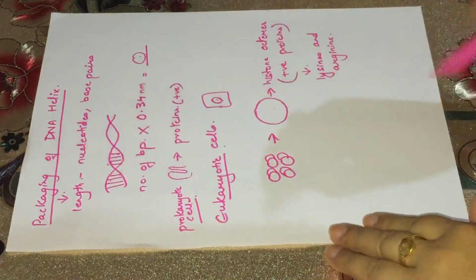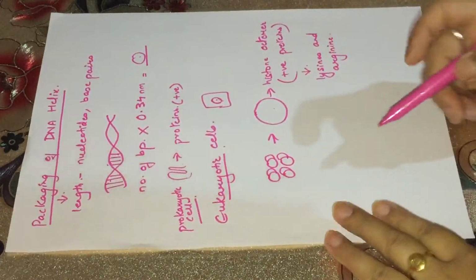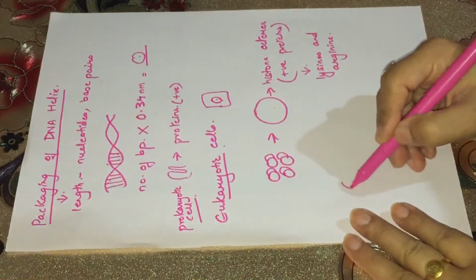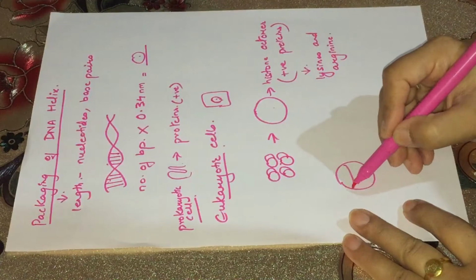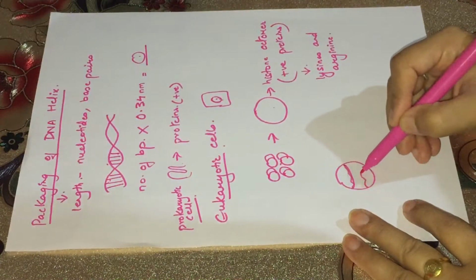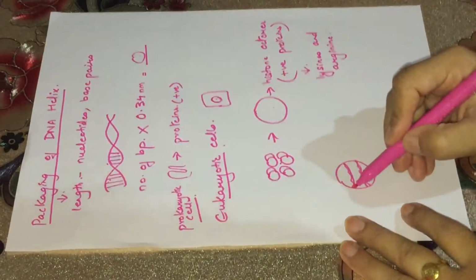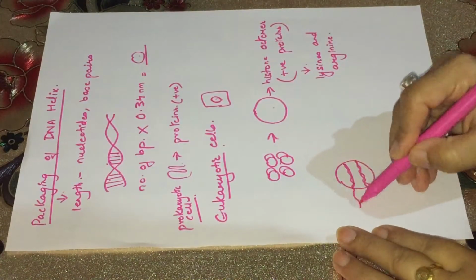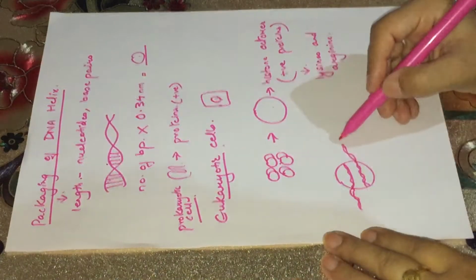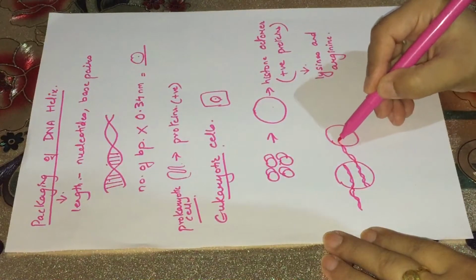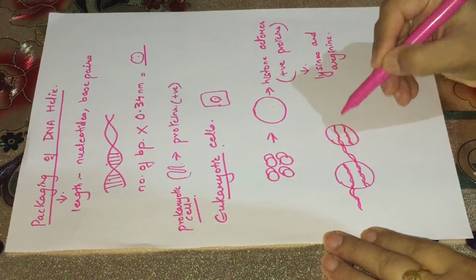There are so many histone octamers present inside the nucleus, and the DNA is wrapped around them. This double helix DNA is wrapped around the histone octamer like this.